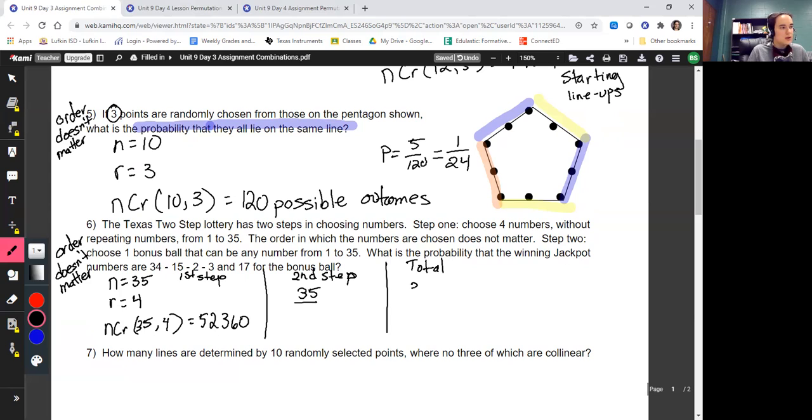So 52,360 times 35. And we get 1,832,600 possible tickets.